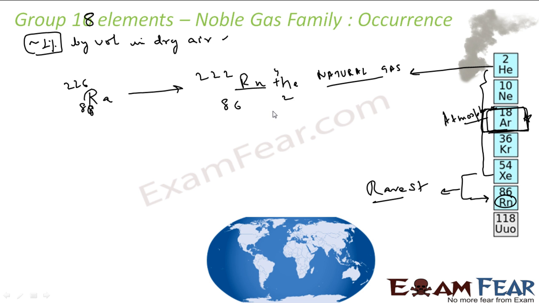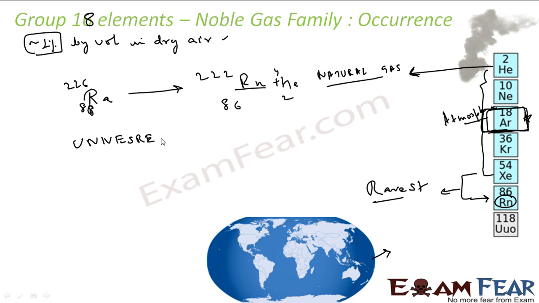Please note that though helium is not that abundant on our Earth, in the universe we have a lot of helium. In fact, the sun has a huge amount of helium.